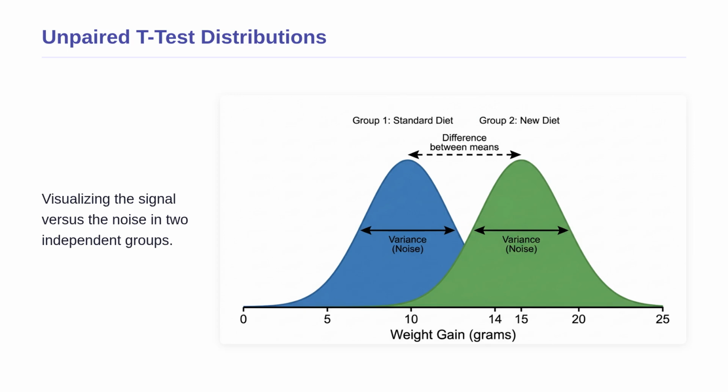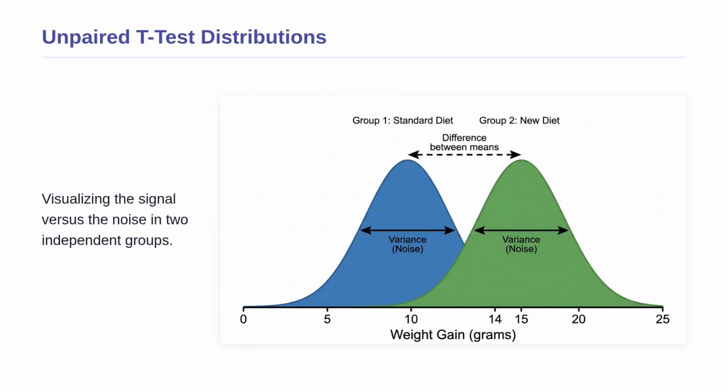To truly understand what we just calculated, let us look at this visually. Here you see 2 bell curves representing our 2 groups of mice. The blue curve on the left is the standard diet, centered at 10 grams. The green curve on the right is the new diet, centered at 14 grams.